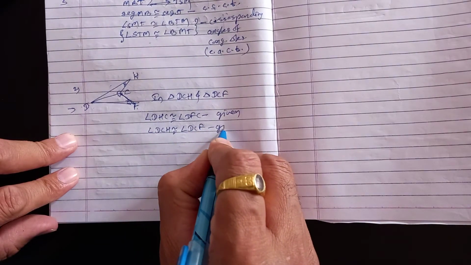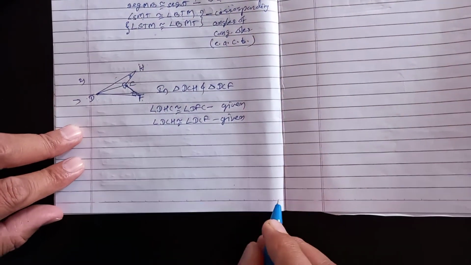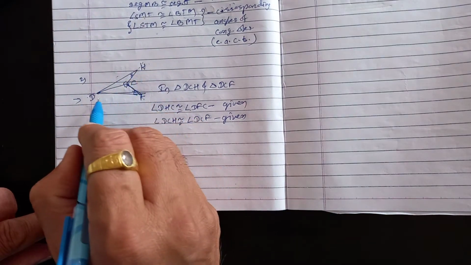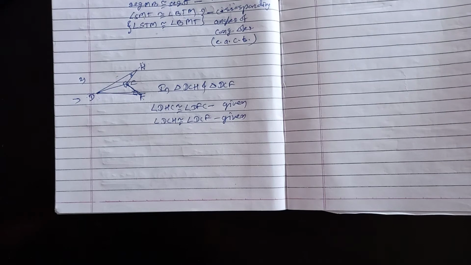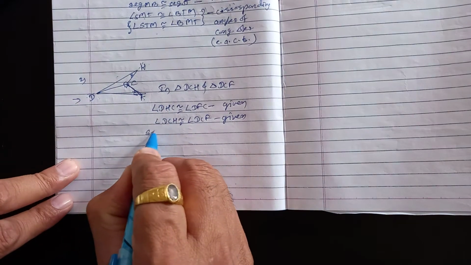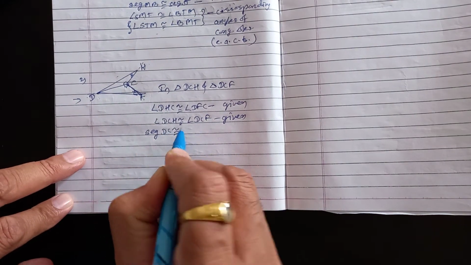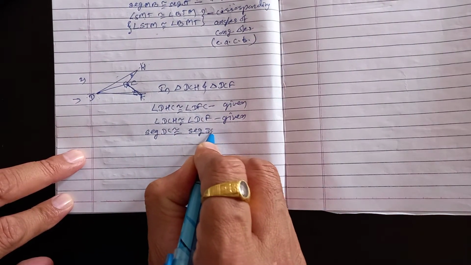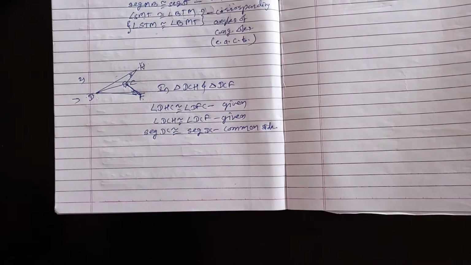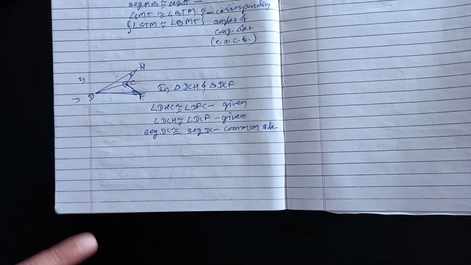This is also given. And here also one more side is same. Which one? Segment DC is congruent to segment DC. Reason is what? Common side. Okay, this is common side.